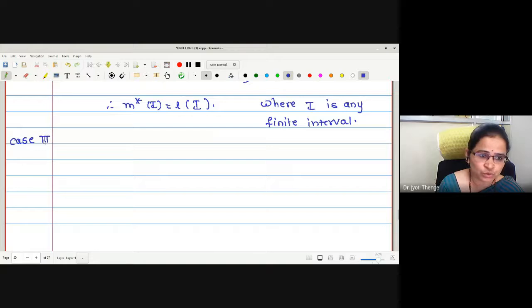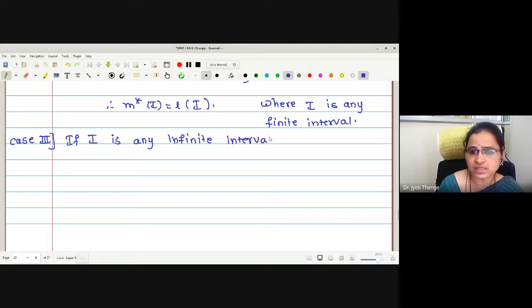Now let us go to case number 3. If I is any infinite interval, can you tell me the length of this interval?